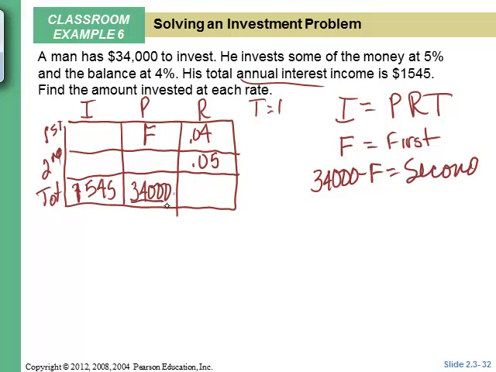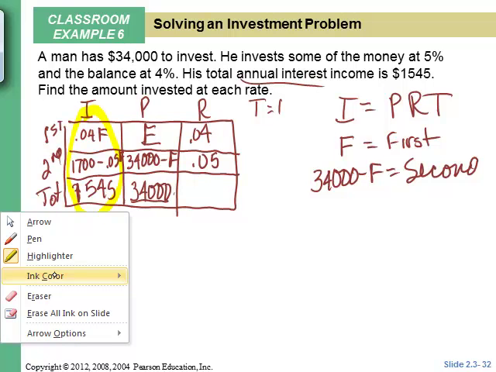In other words, you take this total, subtract this, and you're left with 34,000 minus F. If you multiply principal times rate, you get the interest, 0.04 F. If you multiply this times this, I need my calculator, 34,000 times 0.05 is 1,700 minus 0.05 F. Now, we can find this column right here.